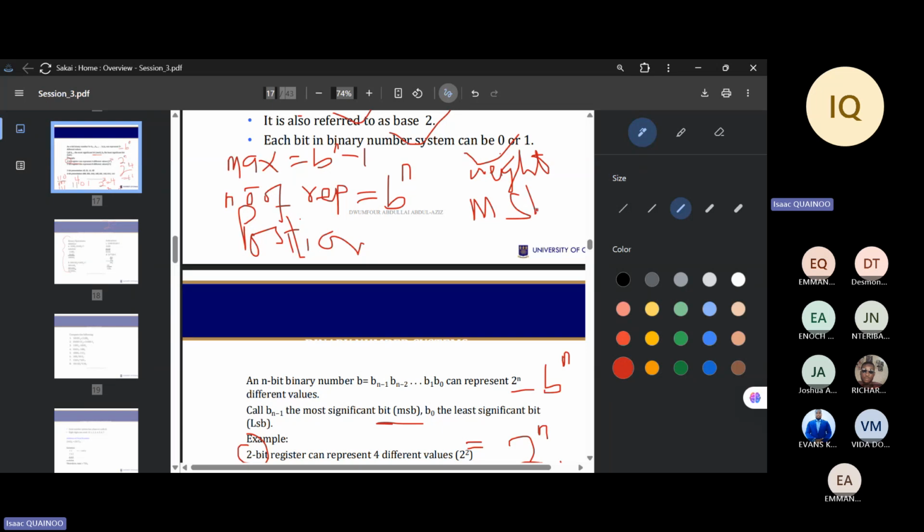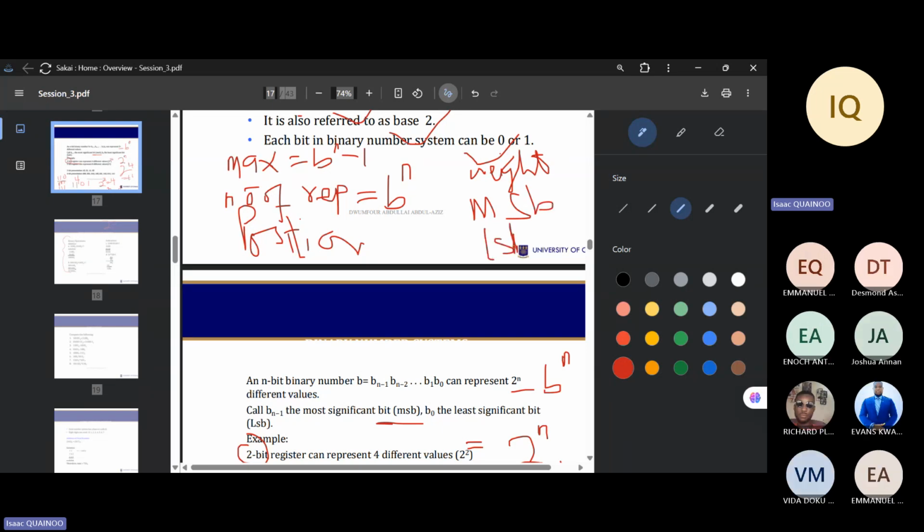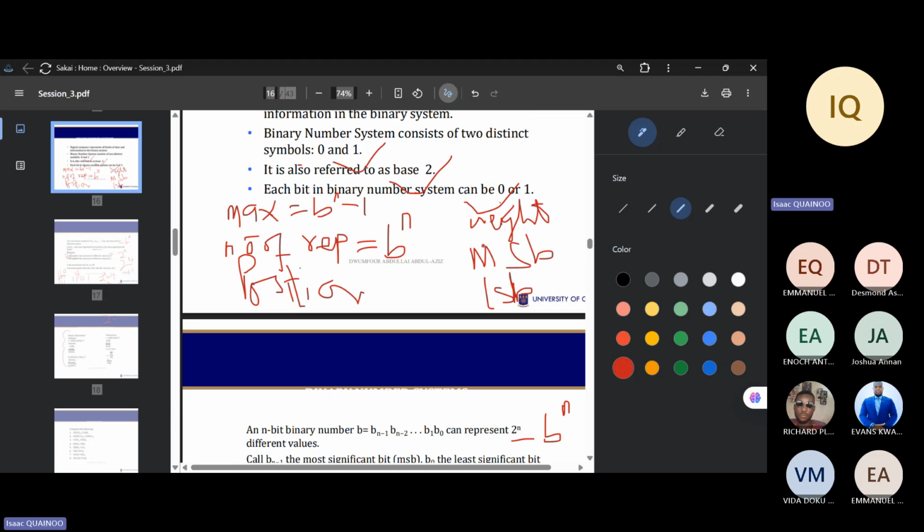Okay, we said the most significant bit is the leftmost bit, the MSB is the leftmost bit, and the LSB is the rightmost bit. Okay, so that's basically everything that we've done today.